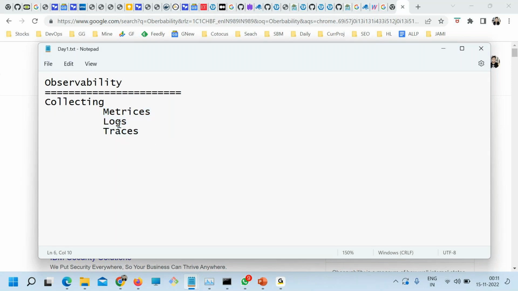You have all the metrics, all the logs, all the traces, and then on top of it, you have a dashboard, and you do the exploration of the data of all these metrics, logs, and traces, and alerts.